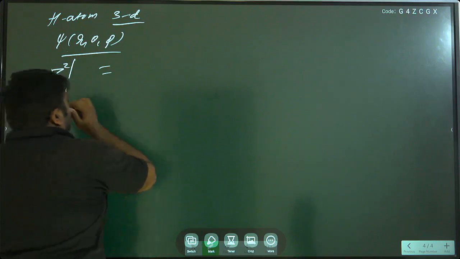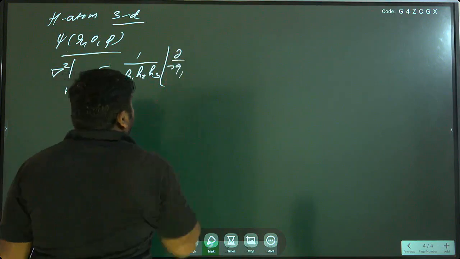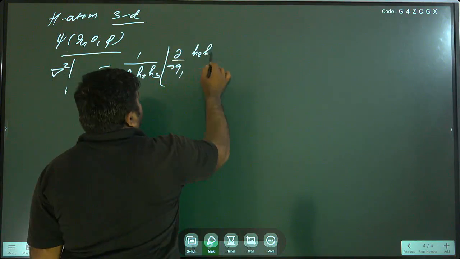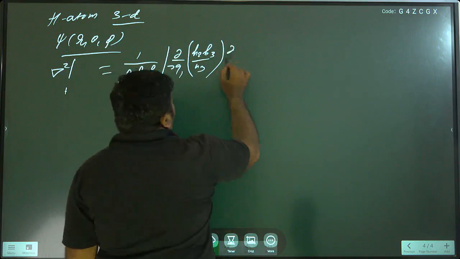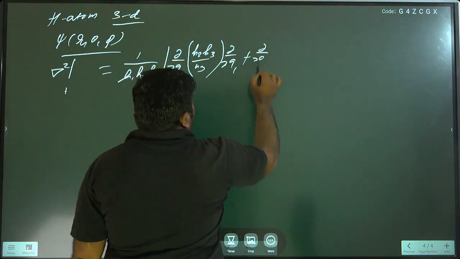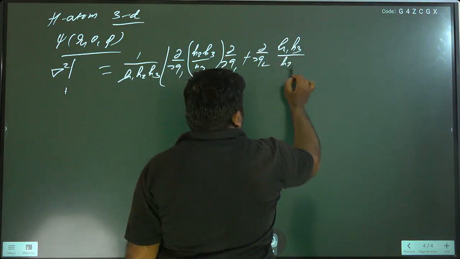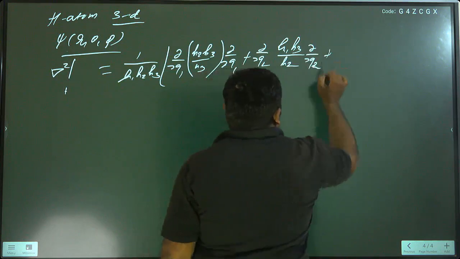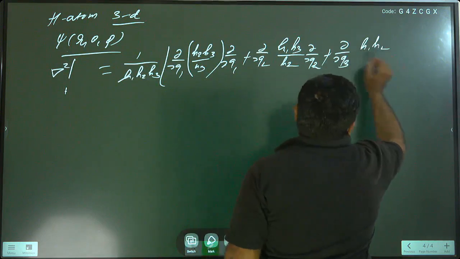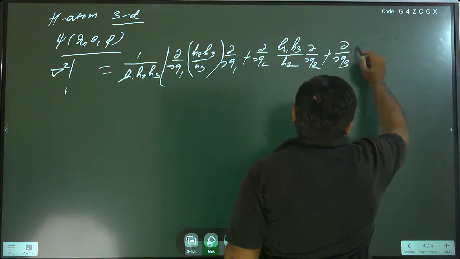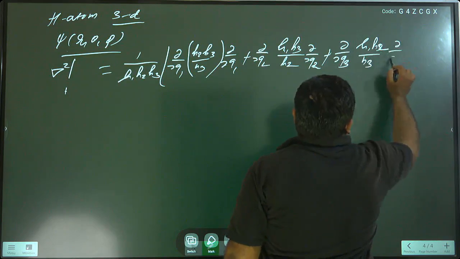The general formula is 1 upon h1 h2 h3, dab upon dab q1 of h2 h3 upon h1 into dab upon dab q1, plus dab upon dab q2 of h1 h3 upon h2 dab upon dab q2, plus dab upon dab q3 of h1 h2 upon h3 dab upon dab q3.